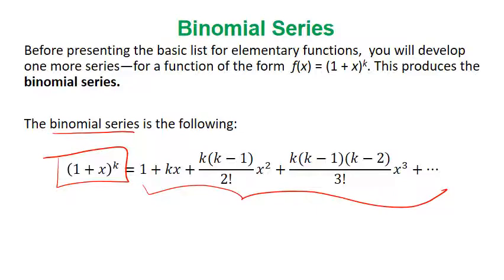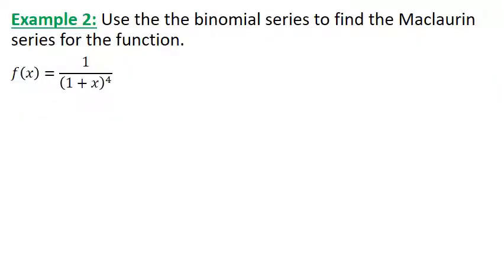So it's just kind of like a famous type of series. We are going to use this to come up with some sort of Maclaurin or Taylor series. And here's an example. It says use the binomial series to find the Maclaurin series for the function.